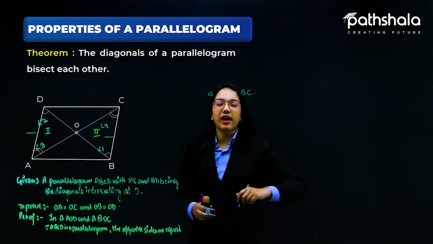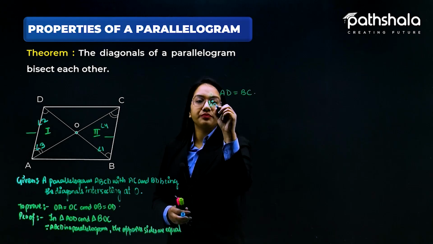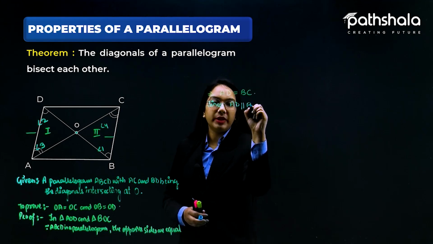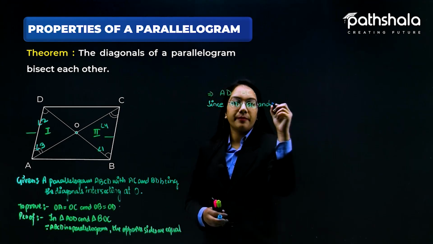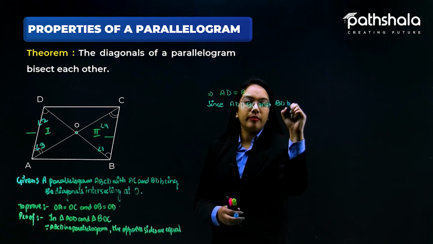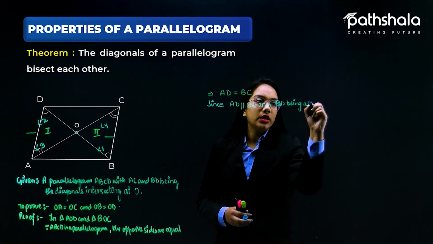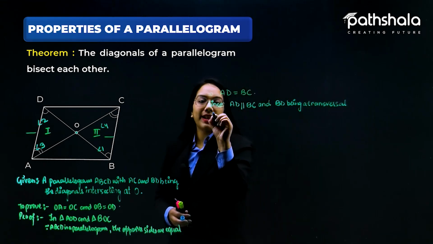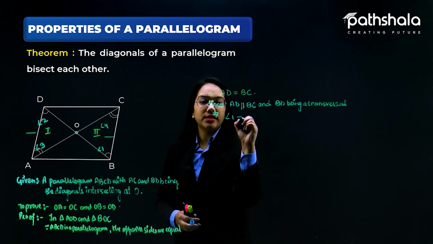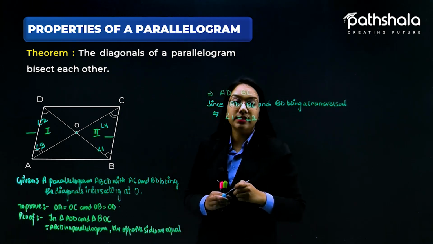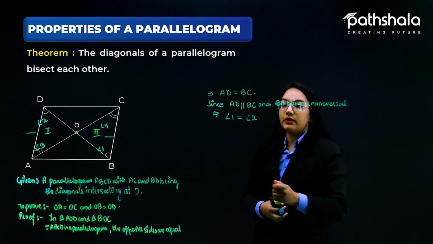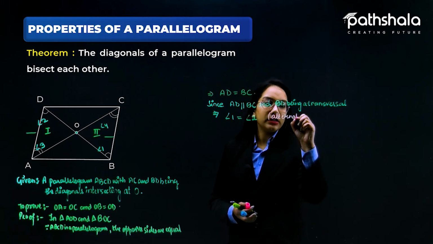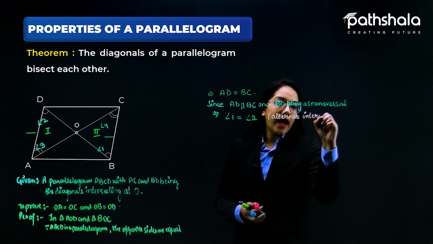Since AD is parallel to BC and BD is a transversal, it implies that angle 1 is equal to angle 2. Why so? Because they form a pair of alternate interior angles.